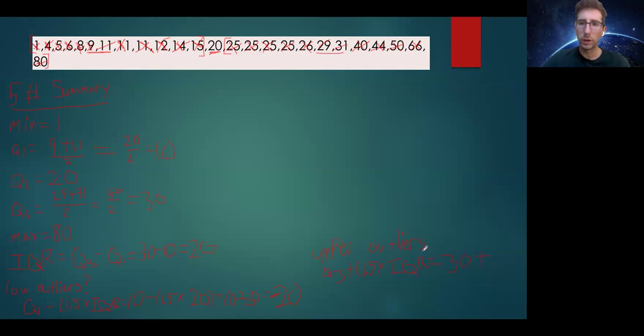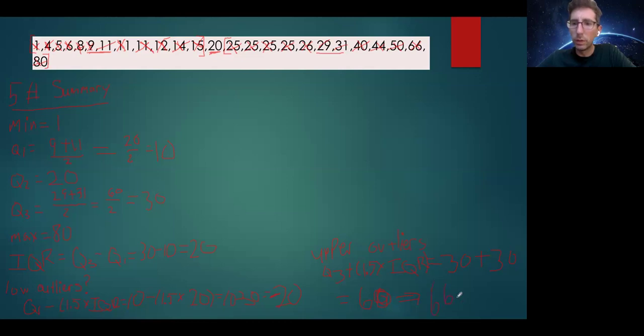And we have already calculated this piece inside the parentheses, the 1.5 multiplied by 20. That itself was also 30. So 30 plus 30 is equal to 60. So if we have any values greater than 60, then we will call those outliers, right?